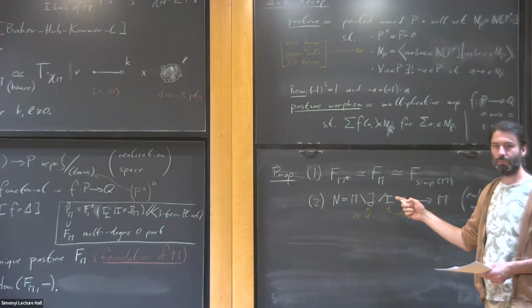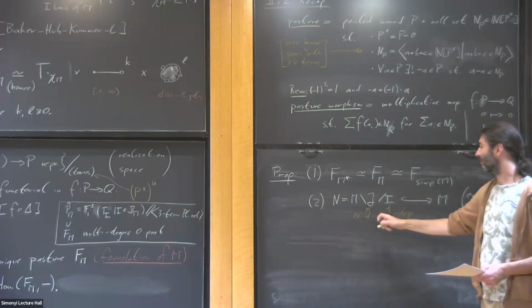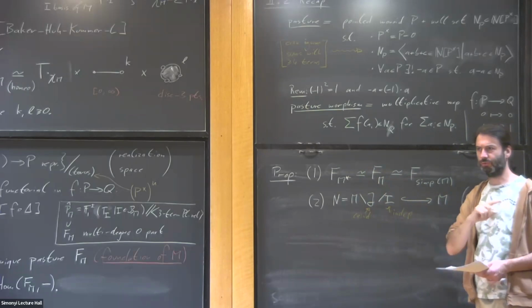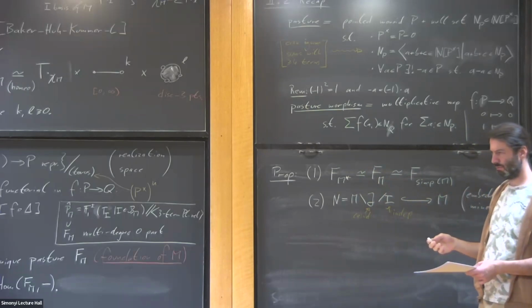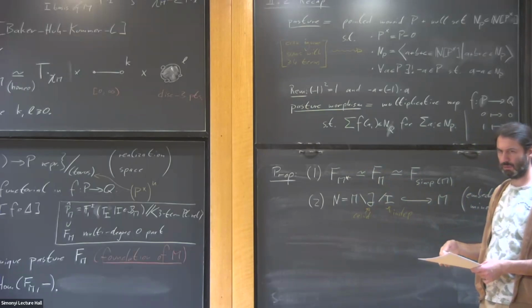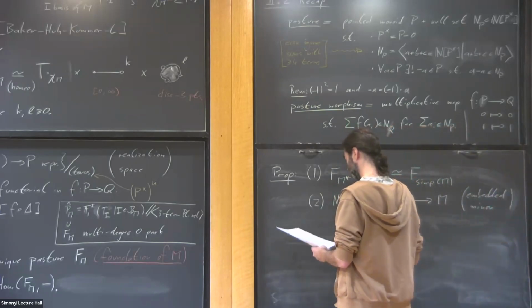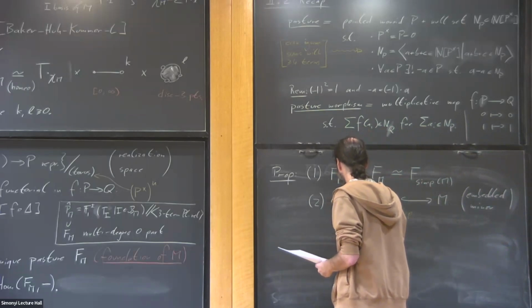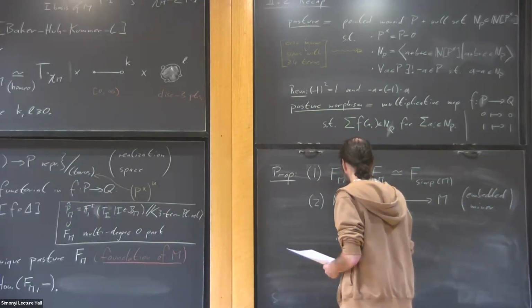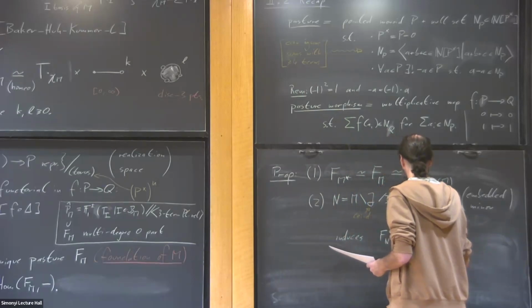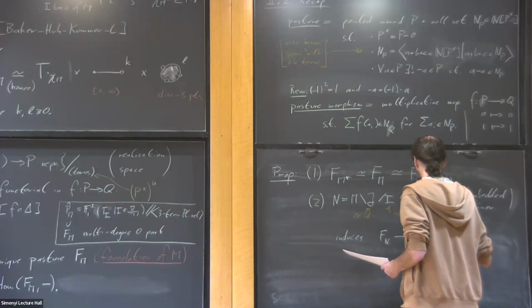How is coindependent defined? It means independent in the dual matroid, not the complement. So such a minor embedding induces a morphism from the foundation of N to the foundation of M.